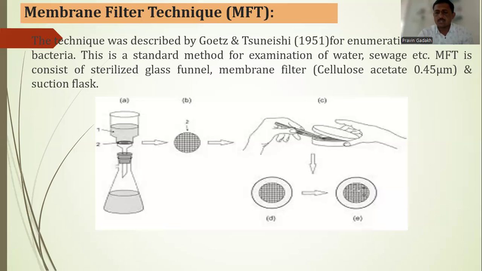After incubation, colonies develop on the filter disc where bacteria were entrapped during the filtration process. So the bacteria trapped on the membrane filter during filtration are placed on the nutrient media, so that they can absorb nutrition from the media and show their growth pattern.